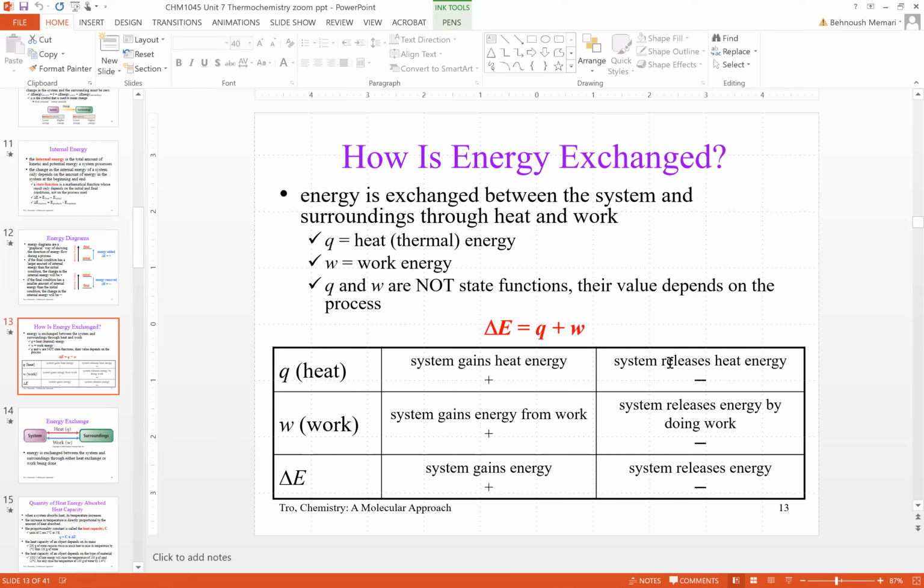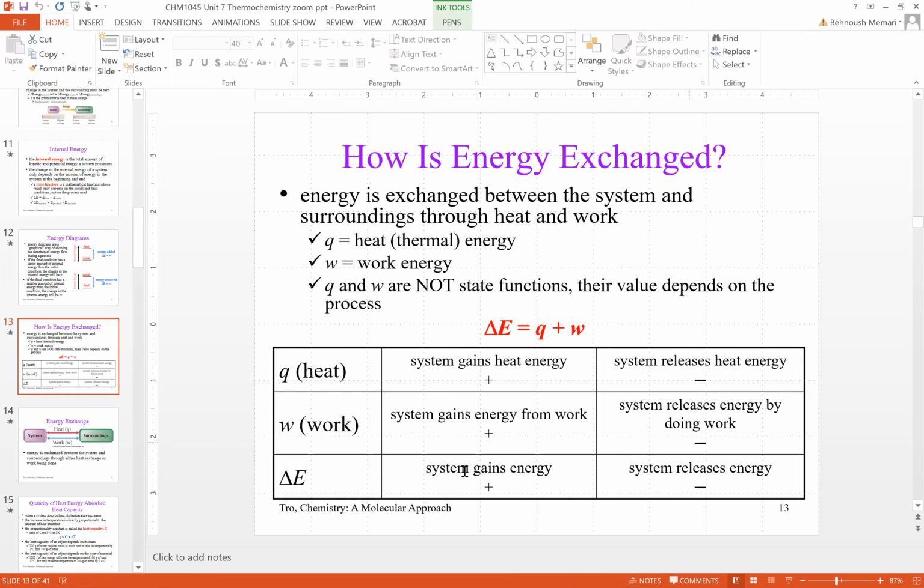So when the system releases energy, the sign that is used is negative. The system can do work and lose energy, or the system can release heat. In either case, the sign would be negative. That means the system is losing energy and the internal energy would be lowered at the end.